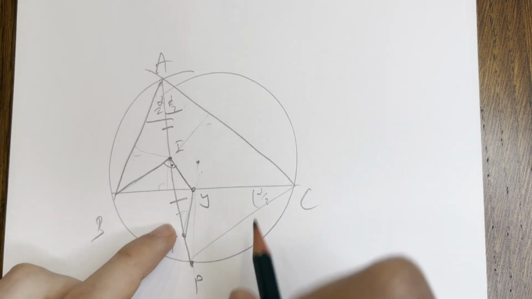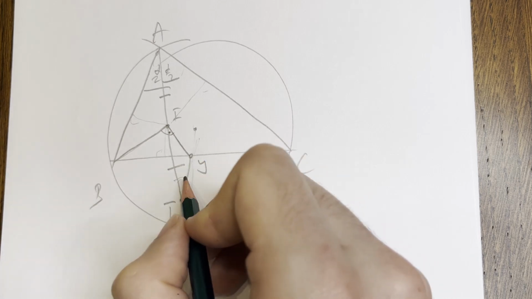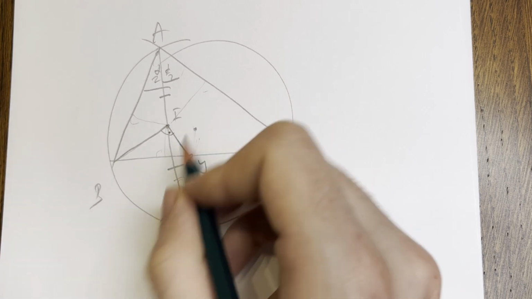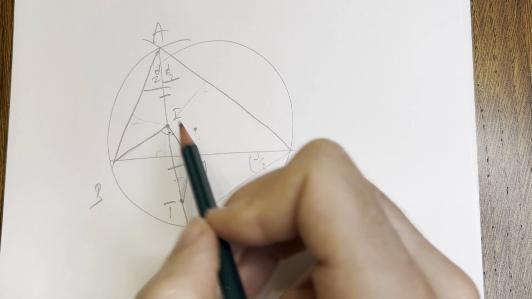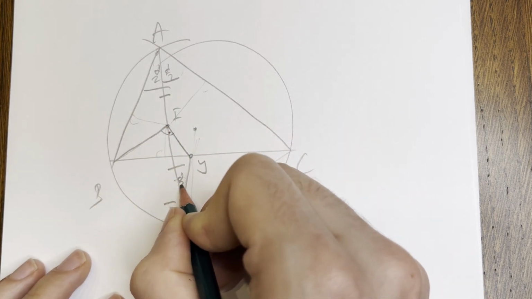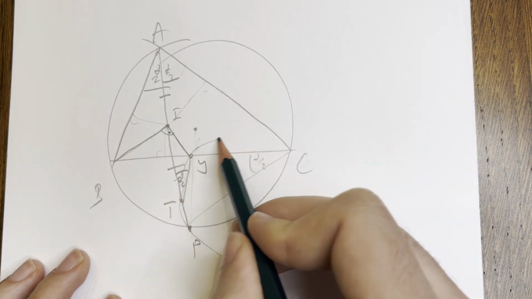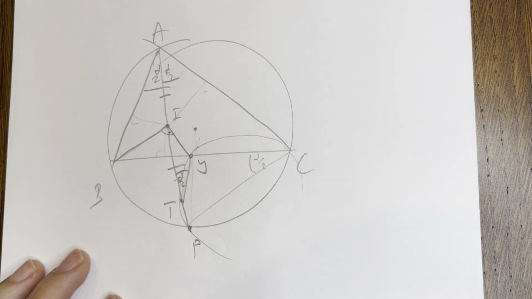So now we can redefine Y to get Y prime and figure out that TY prime is parallel to AB and tangent to the incircle, so Y prime is equal to Y. Now we know this is alpha half, and we know that these 4 points are concyclic.